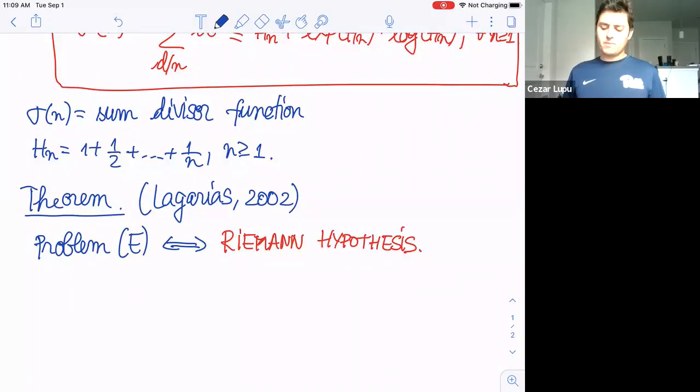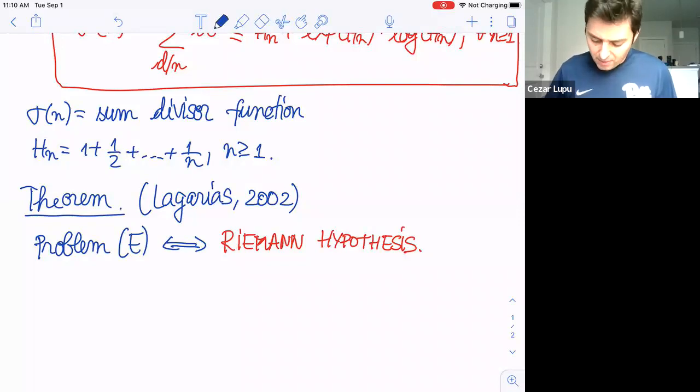But before we start talking in more detail about this theorem, I would like to say a few words about the Riemann hypothesis as much as I can. I don't want to dwell too much on it because I want to keep the talk as elementary as possible.